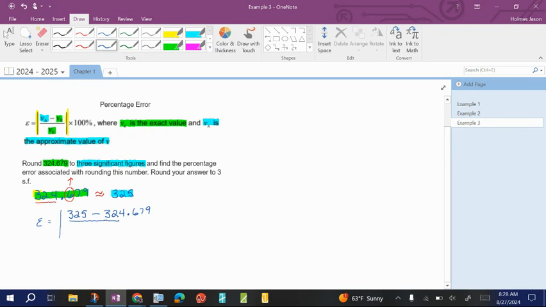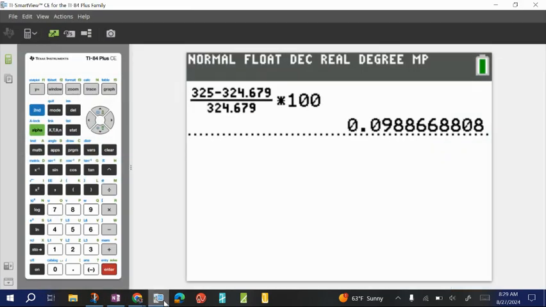And then our most important one is what goes on the bottom, and that is the exact value of 324.679. Then we'll put our absolute value bars on it, and then we'll multiply that by 100. Okay, so we're going to switch over to our calculator screen now at this point, and see what we get.